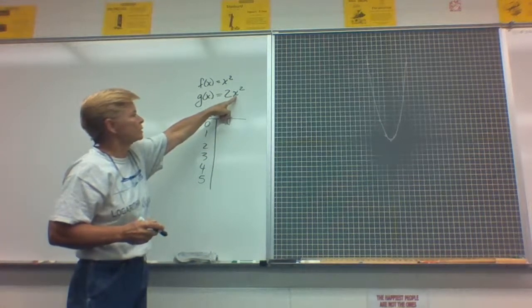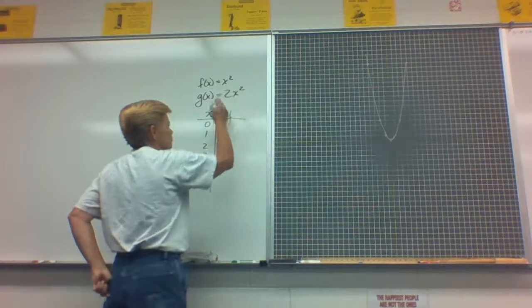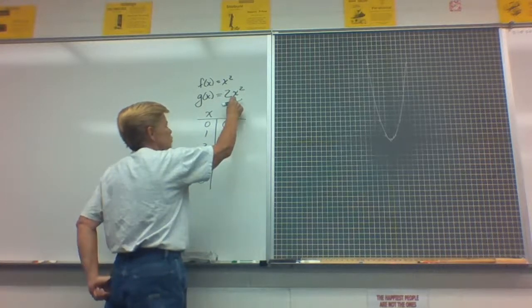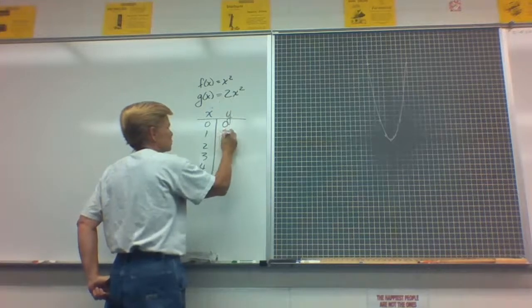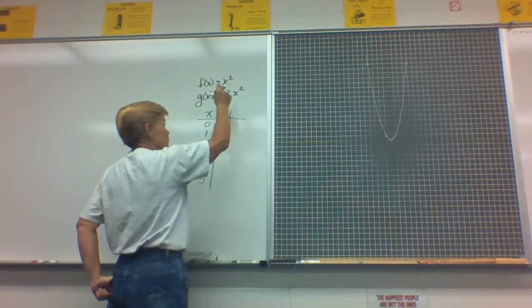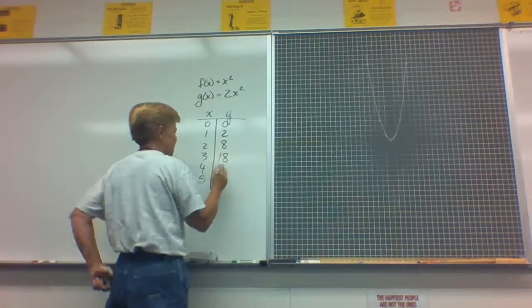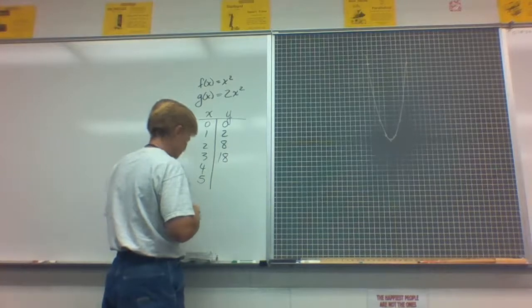You would first square it and then double it. So 0 squared is 0, times 2 is 0. 1 squared is 1, times 2 is 2. 2 squared is 4, times 2 is 8. 3 squared is 9, times 2 is 18. We're getting pretty big pretty fast. I don't think I want to count much higher than that.